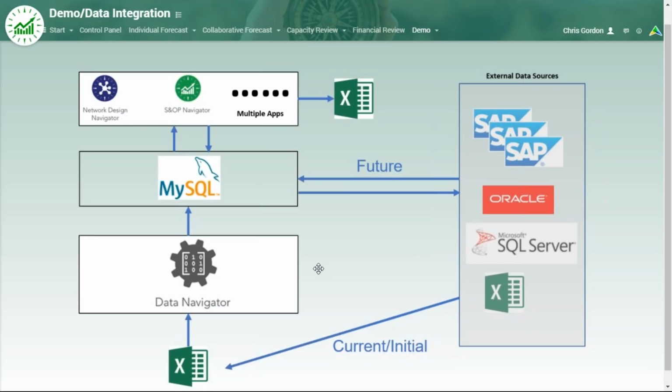Any data that you bring into SC Navigator is available to all of the applications. So you might be doing network optimization, inventory optimization, and all of that data resides in this intermediate database here. What we see is organizations mature very quickly. They build integration using MySQL, which is an Oracle-based product.